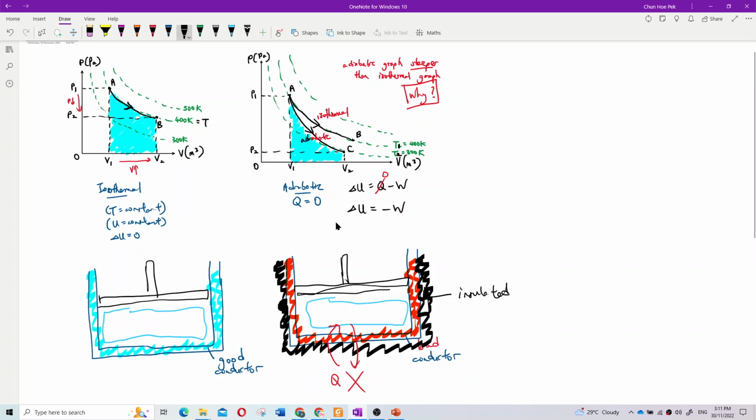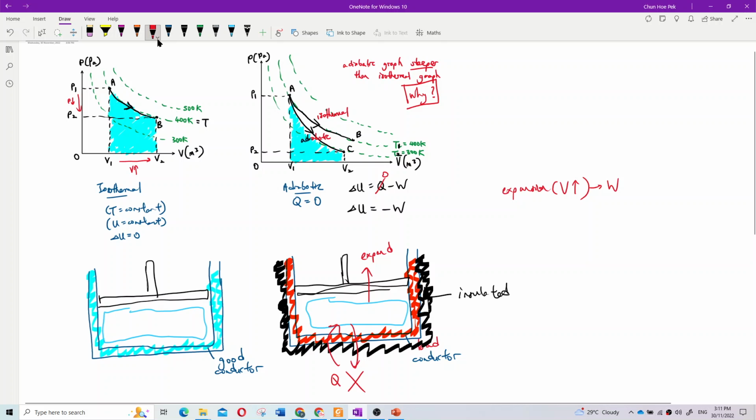Now, let's say I want to expand. During expansion, what happens to the volume? The volume increases, so work done is positive.